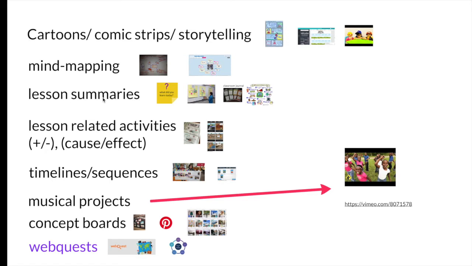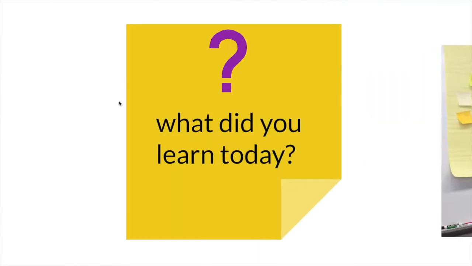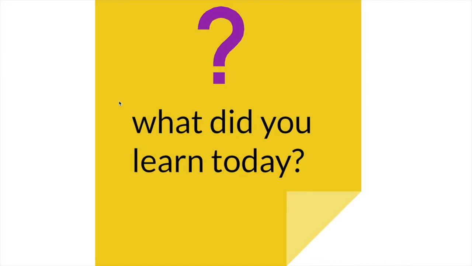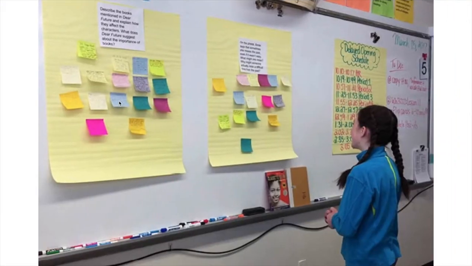You can also ask them to create lesson summaries. Now, for lesson summaries, at the end of the lesson or at the end of each session every day, you can ask a volunteer, or ask them to take turns, to answer this particular question: what did you learn today? And as in this example, you can use sticky notes. You can use sticky notes in the classroom for a number of purposes.